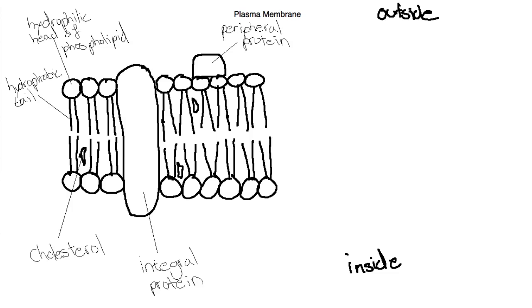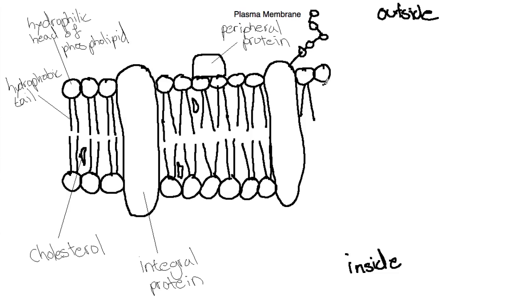What we find as well is glycoproteins. Now, glycoproteins are integral proteins, but they contain a carbohydrate group. So you just draw again your integral protein, and you just add a carbohydrate group. So I'm just going to add again some phospholipid molecules on each side.